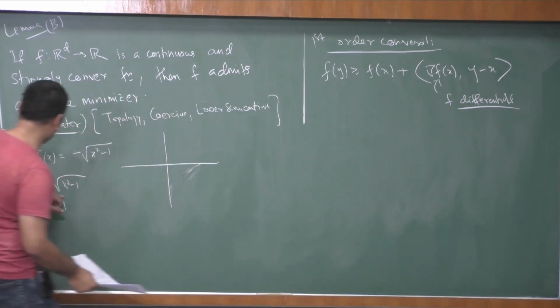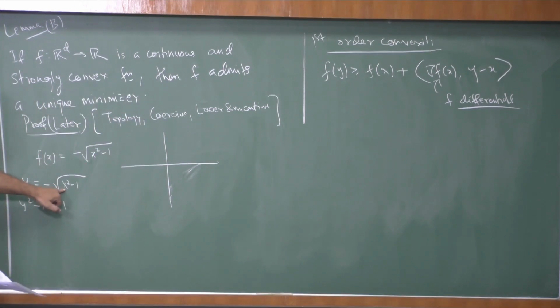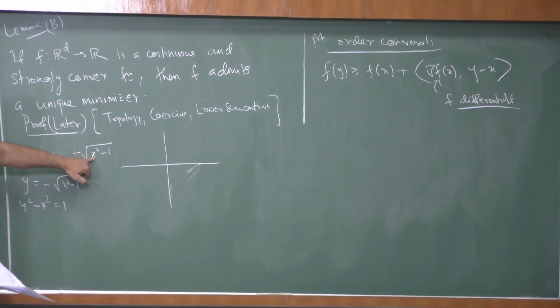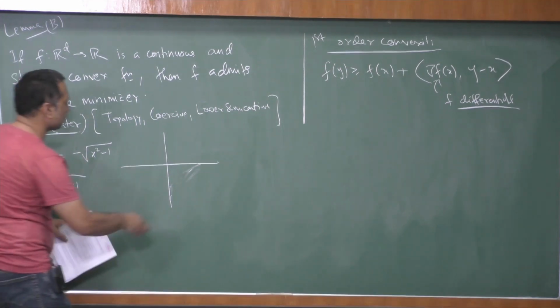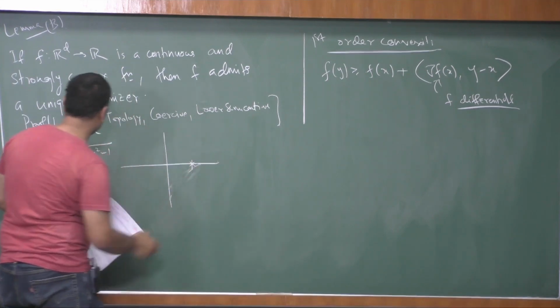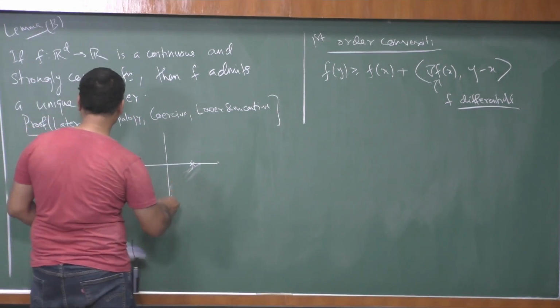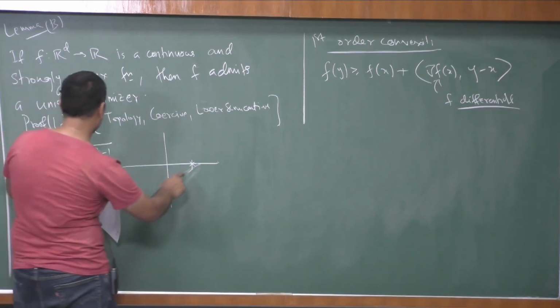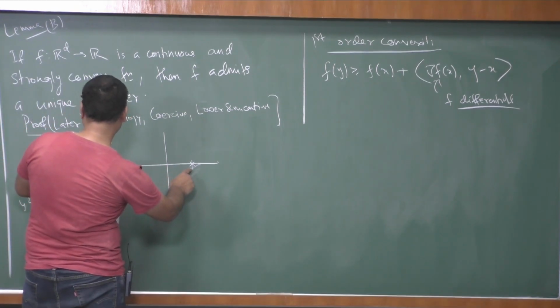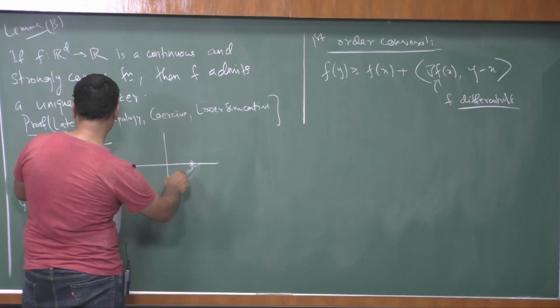No. So at y equals 0, x equals 1: 1 comma 0. At x equals 0, it's not defined. At 1, it's 0. Vertical tangent. So help me plot this quickly.